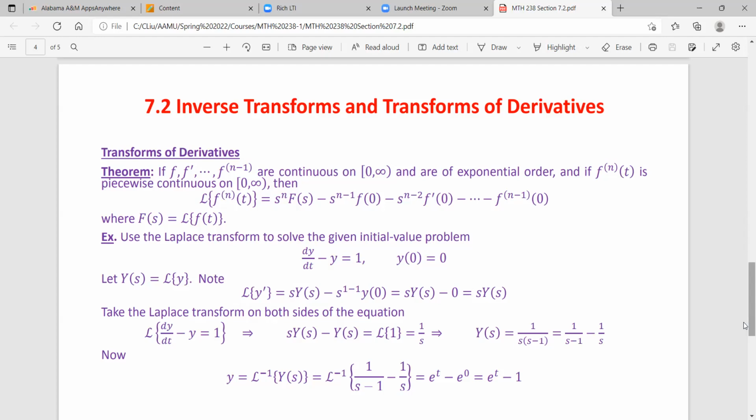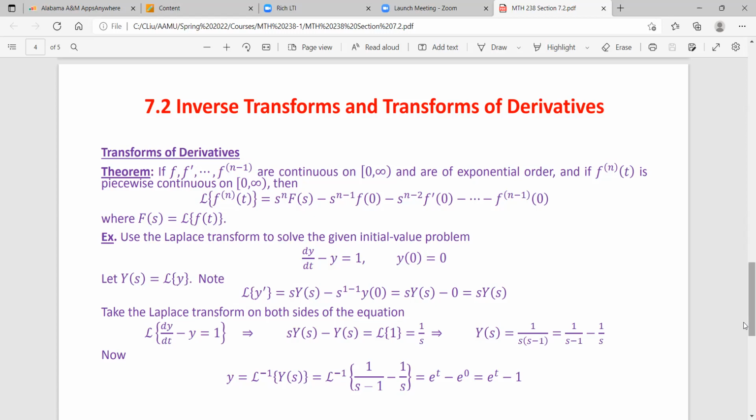And further, all of them are of exponential order. Remember what it means by exponential order? That means all of the functions are dominated by some exponential function.